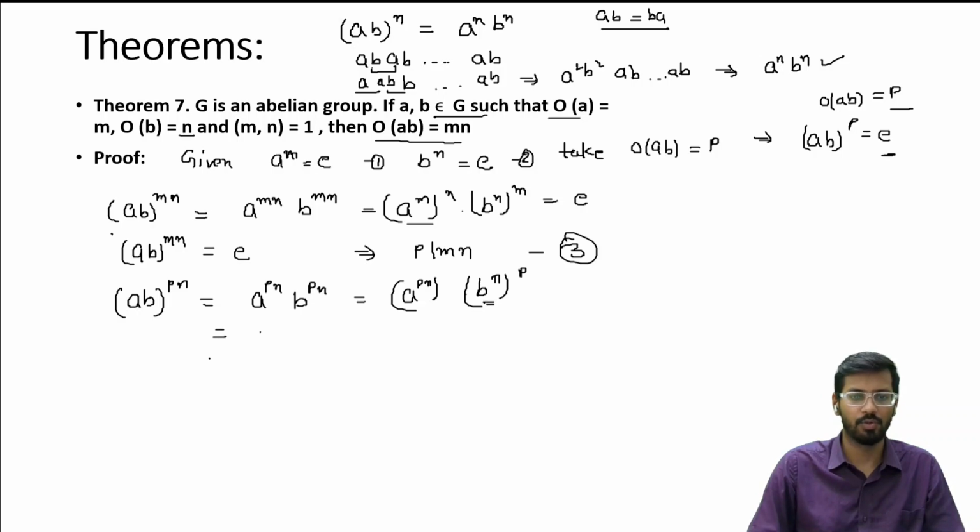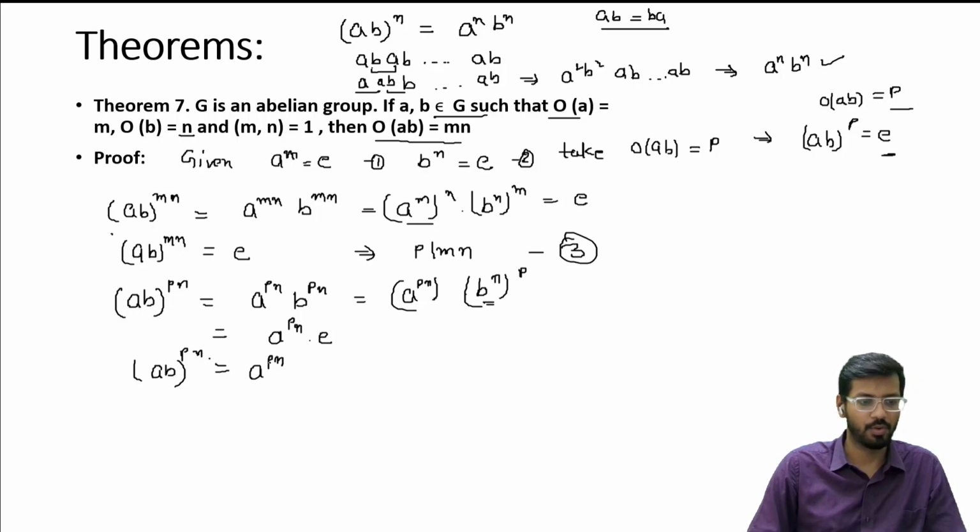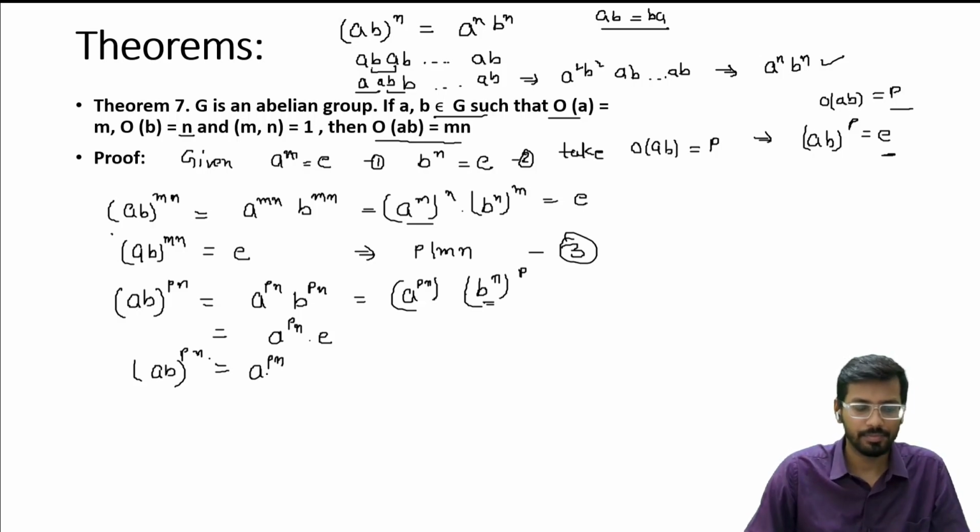That means that is equal to a^pn times the identity element, or a^pn. So (ab)^pn is equal to a^pn. Okay, up to here is fine? That is equal to a^pn.